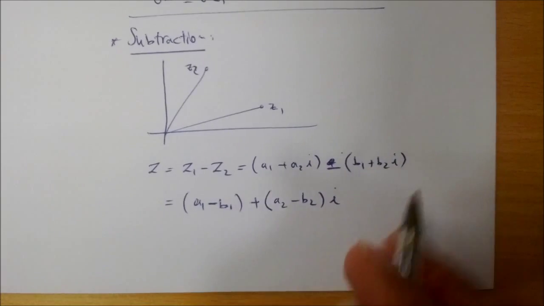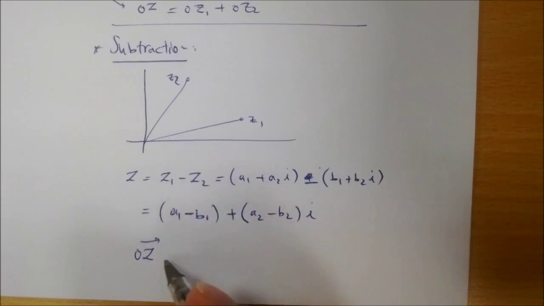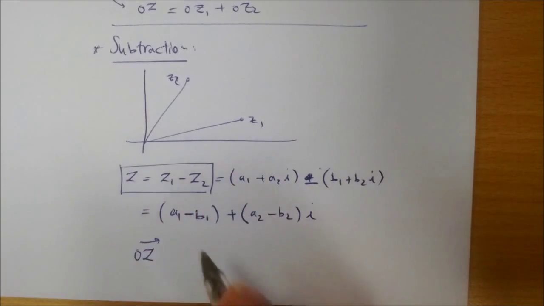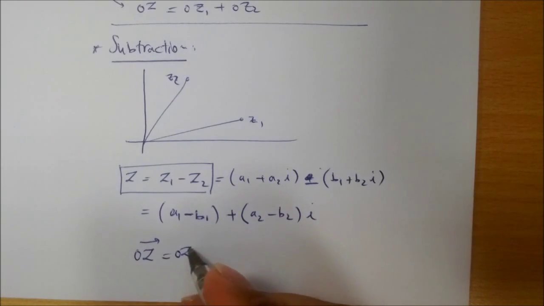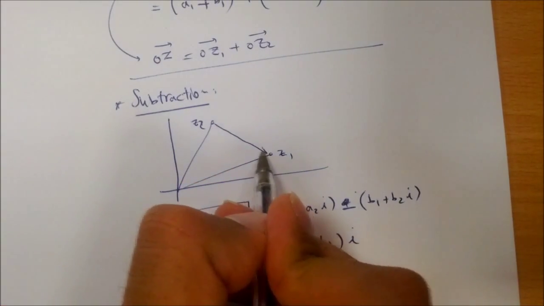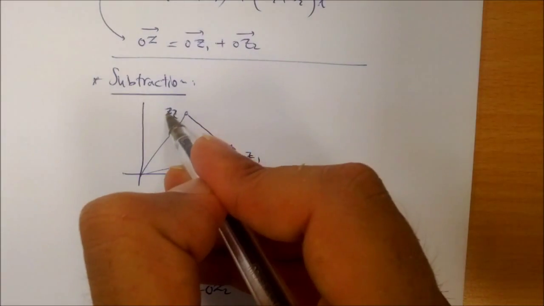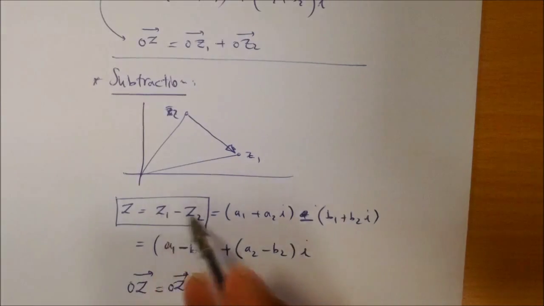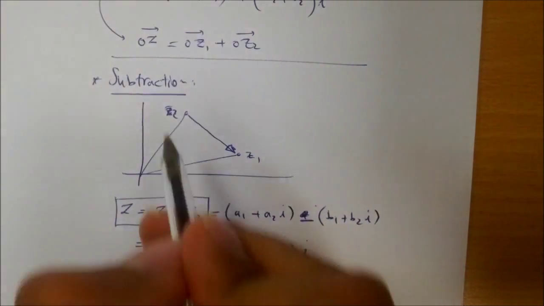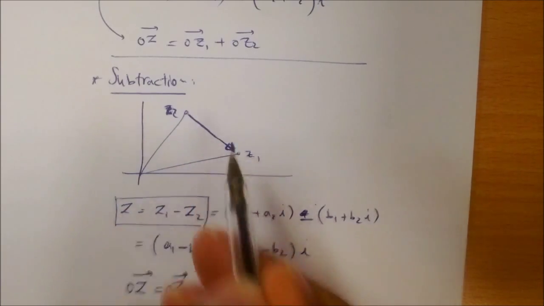And this operation is exactly the same as OZ equal to OZ1 minus OZ2. So this will be a vector like this. So if I subtract z1 and z2 like this, I'll have exactly a vector like this.